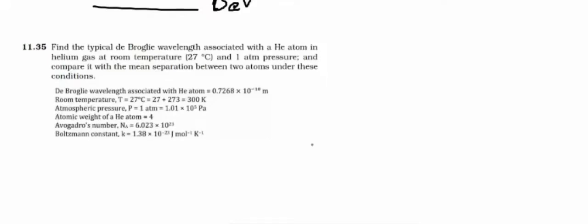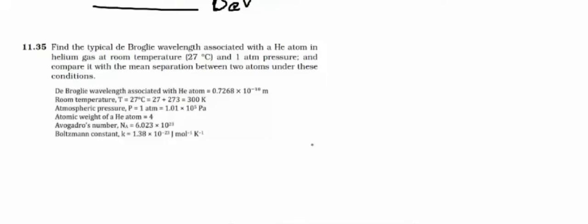35. Find the typical de Broglie wavelength associated with the helium atom in helium gas at room temperature, 27 degrees Celsius, and 1 atmospheric pressure, and compare it with the mean separation between two atoms under these conditions.